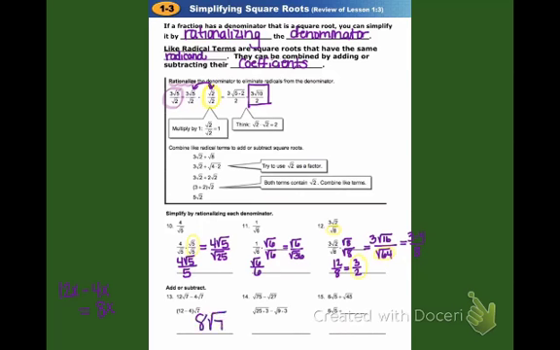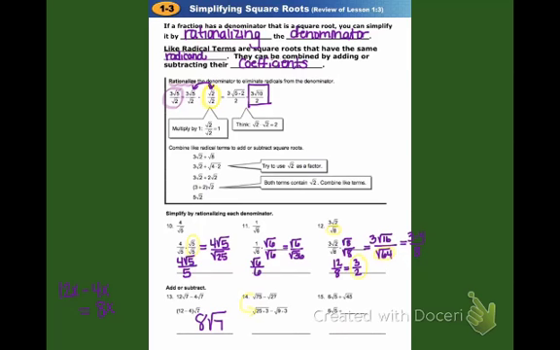Now, question number 14 combines some of the things that we've been doing in this lesson, the first of which is simplified radical form. So on the first part of number 14, the square root of 75, if I wanted to simplify that, put it in simplest radical form, because right now I can't really do anything with these radicals because they're not like radicals.